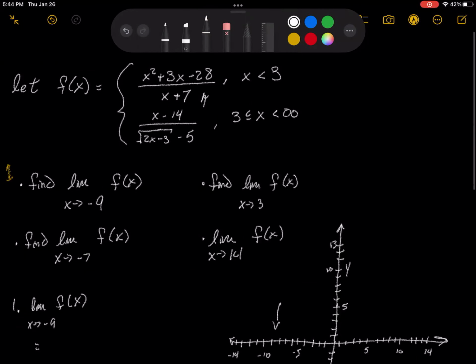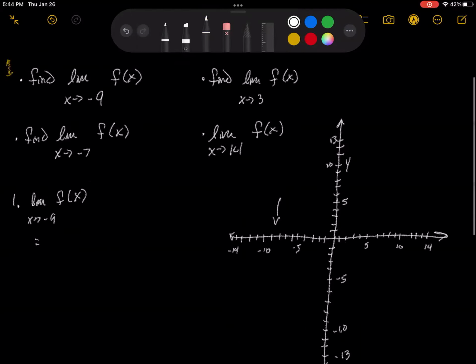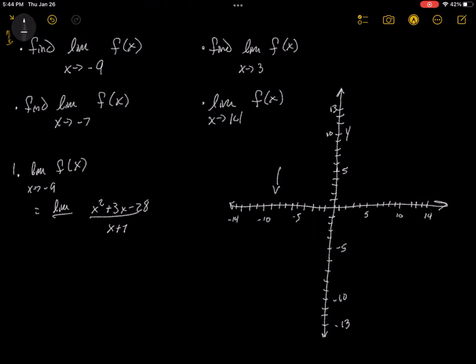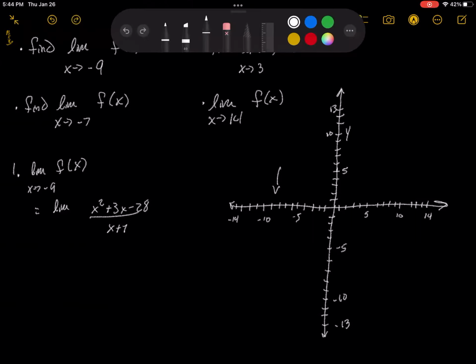This one right here, right? When x is less than 3, I listen to that guy: x squared plus 3x minus 28 over x plus 7. And I want to look at this function as x gets close to -9.